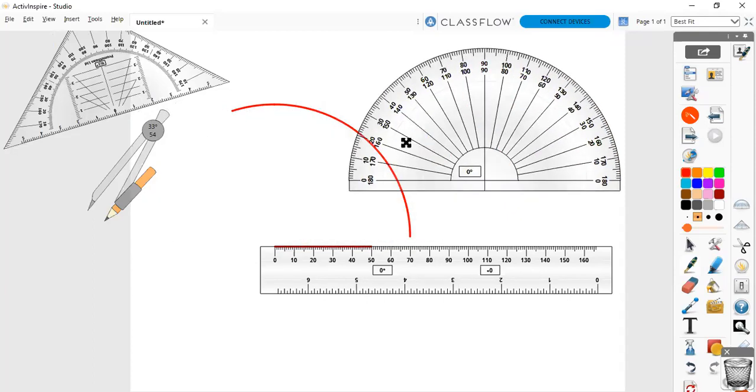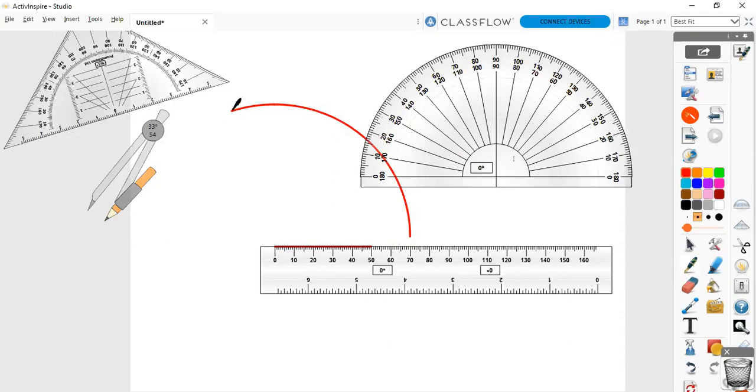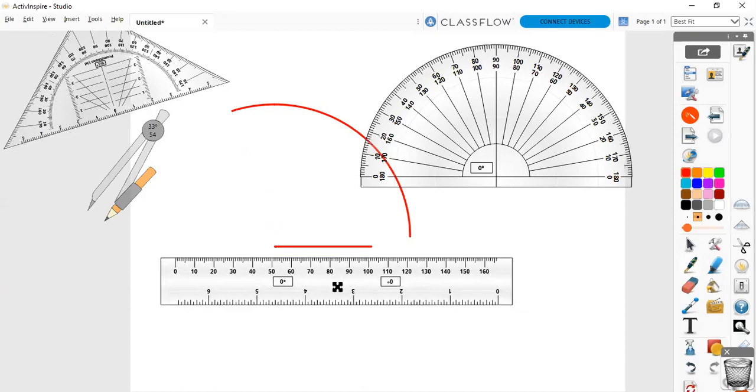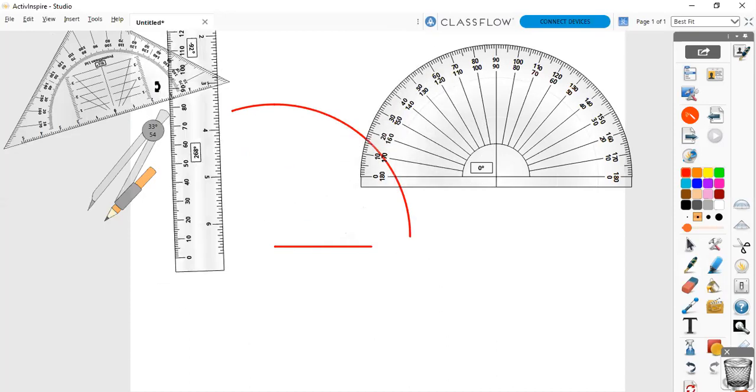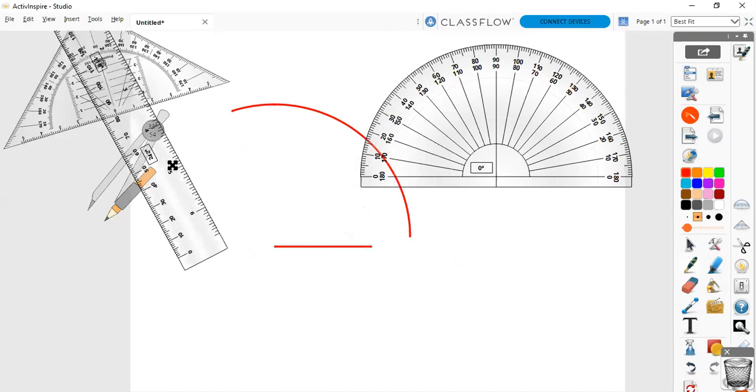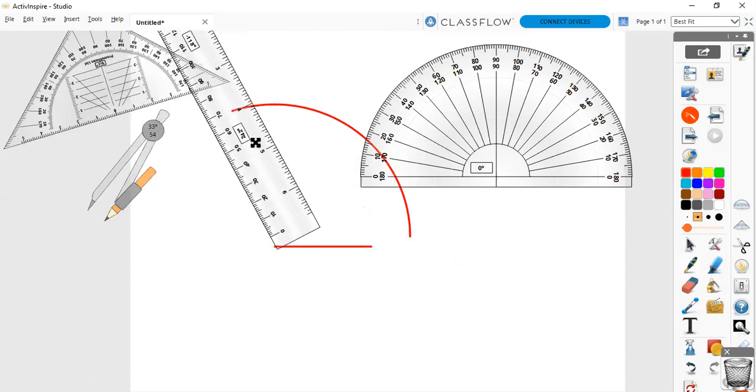So if I join this 2 points, from this point to this point, I will have my one line, and this line should be how much? 50 mm, not more than that, right? So you can rotate this ruler in such a way that you will be able to join this 2 points from this point. This is 0 point, which is fixed now.